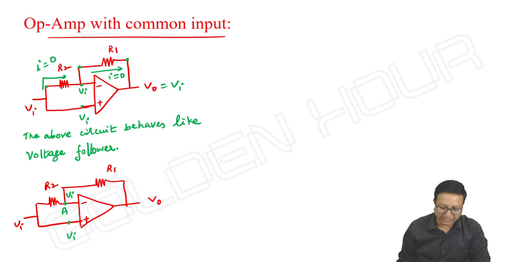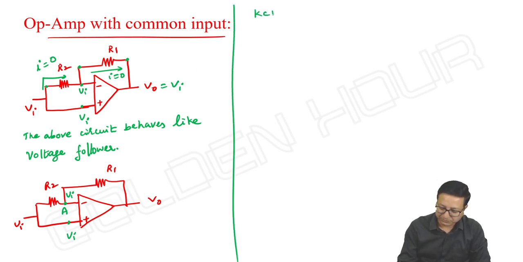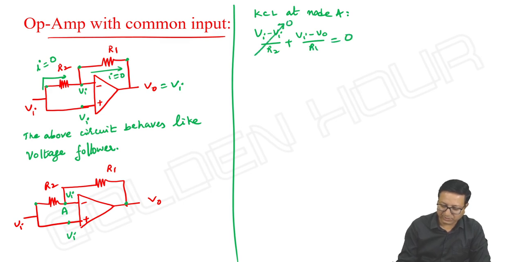Then let me take it as node A. Apply KCL at node A. We get (Vi minus Vi) by R2 plus (Vi minus V output) by R1 is equal to 0. This first term is 0, so Vi minus V output is 0, which implies V output is equal to Vi.